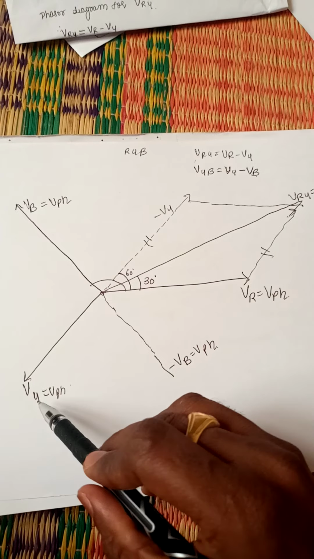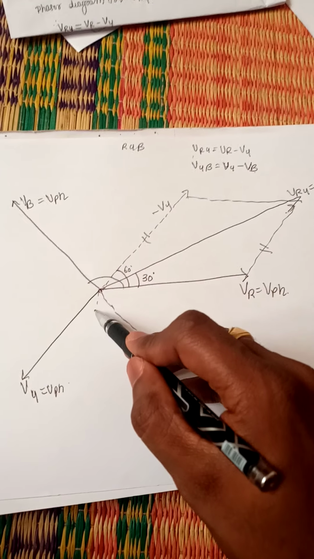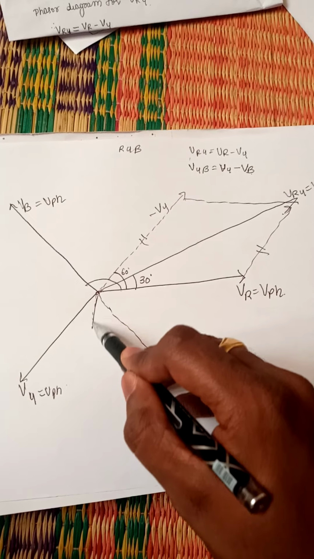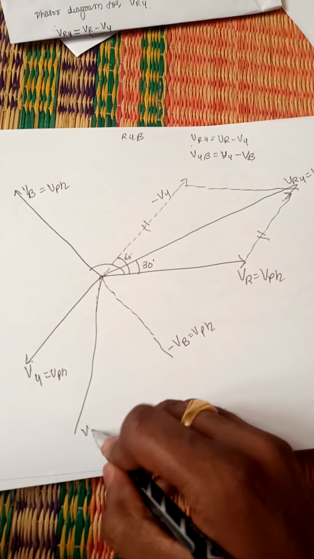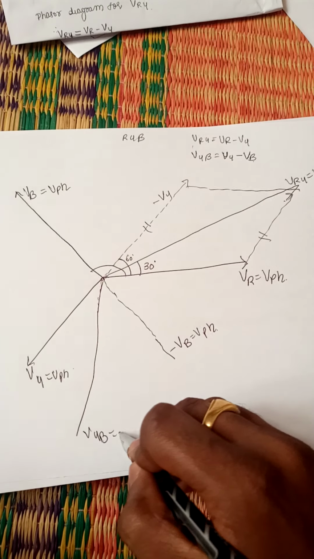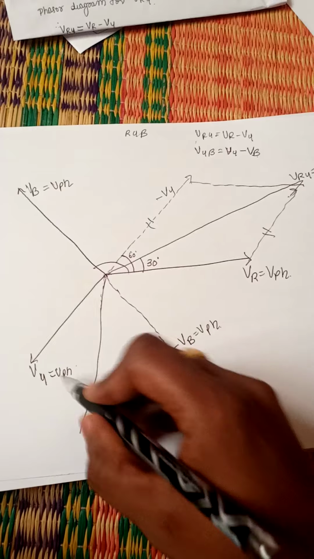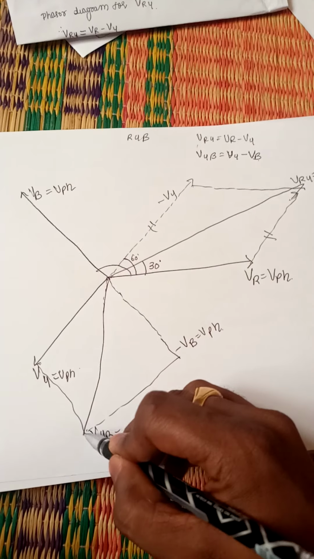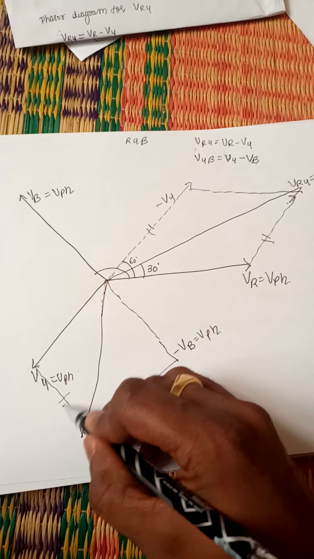Then the sum of plus VY and minus VB equals VYB, that is the resultant vector. You draw the line like this. This is your VYB, the line voltage. So by the law of parallelogram, you join these two. This side is equal to this side.